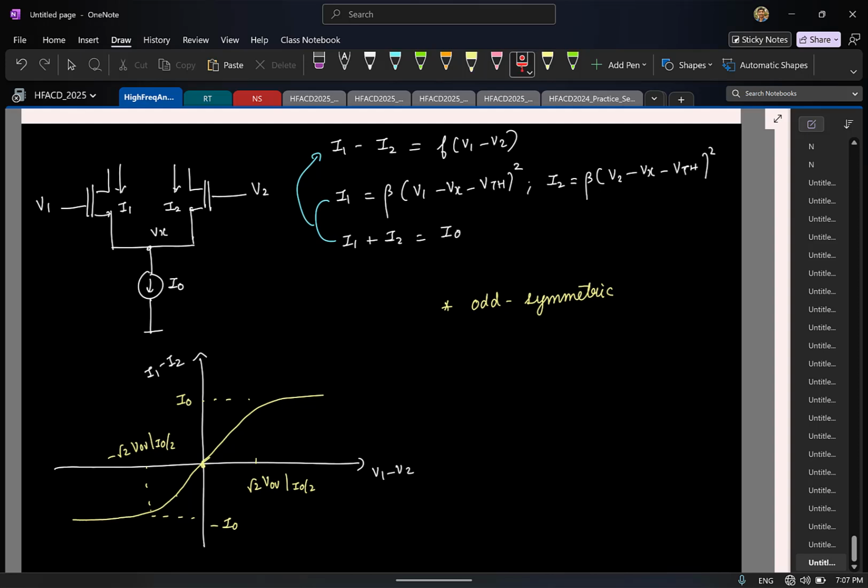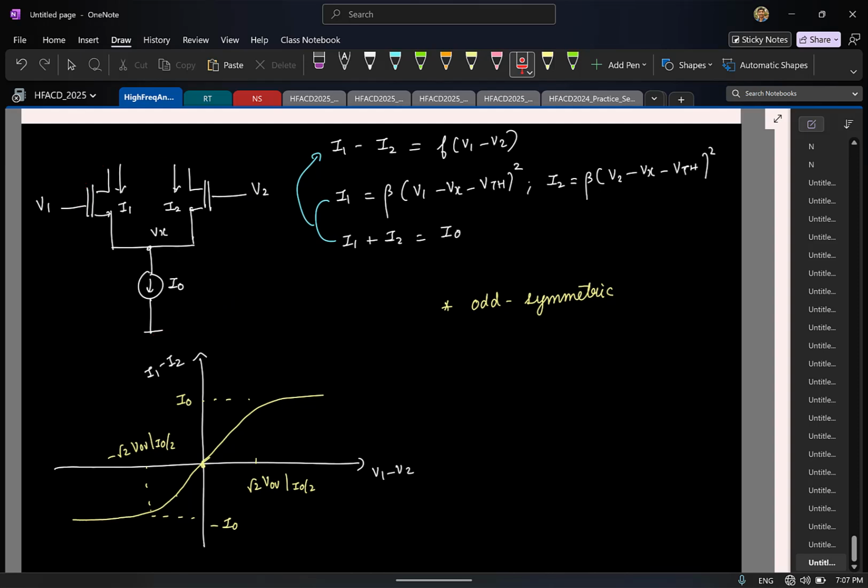Does it make sense that this characteristic is odd symmetric? Why so? Why can't it be even symmetric? Let us say you don't even know how the circuit works.